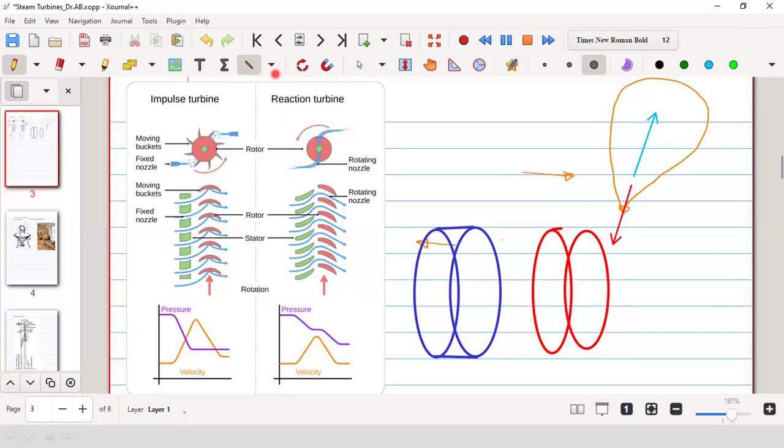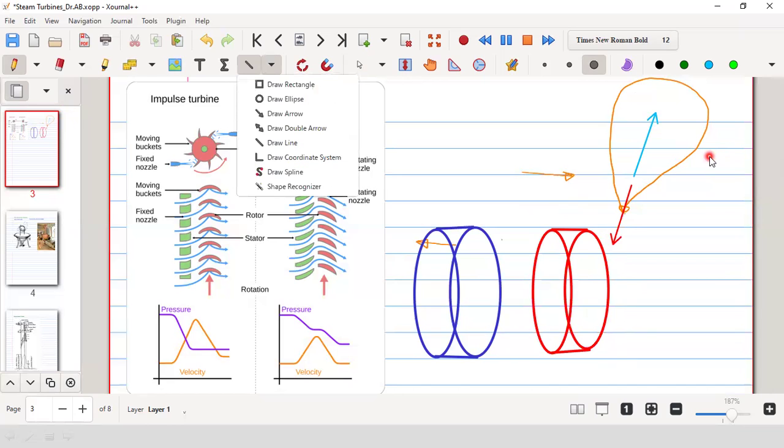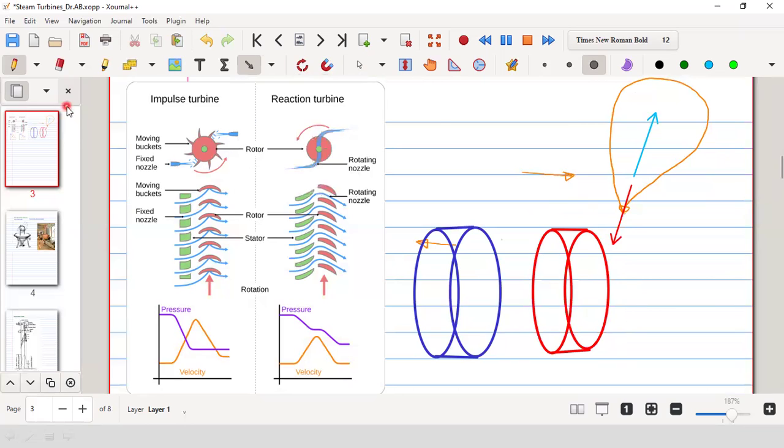They are separated in the axial direction, and the axial direction is like this. They are separated in the axial direction and parallel to each other.